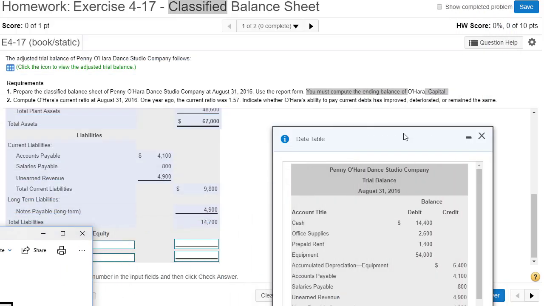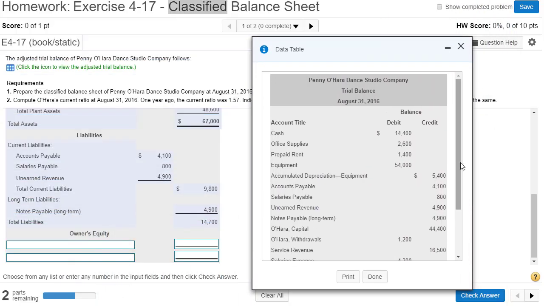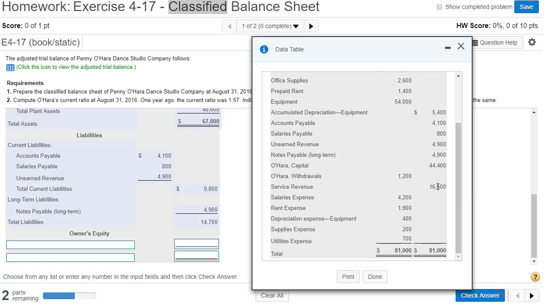Now they do give us the revenues and expenses and the draws. So we could calculate net income by taking $16,500 and then subtracting all of these expenses, and then we'd have to subtract the draw, and the beginning capital plus the investments would have been $44,400.